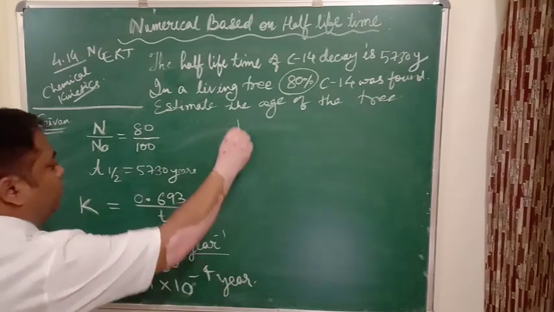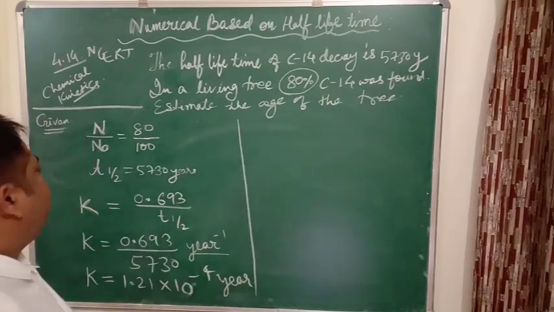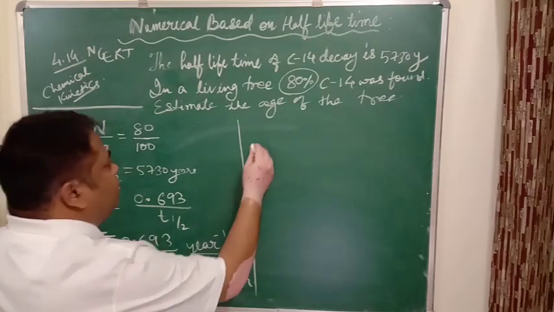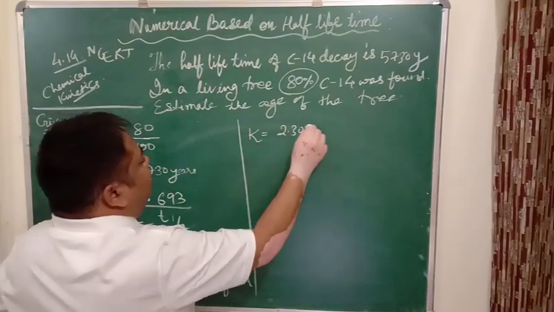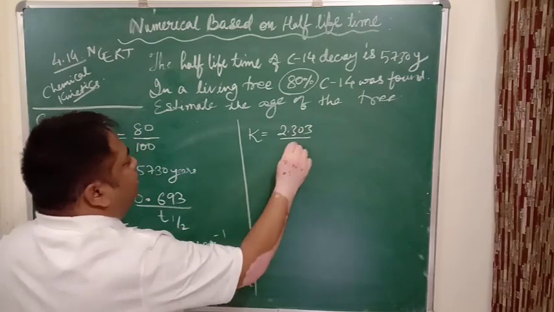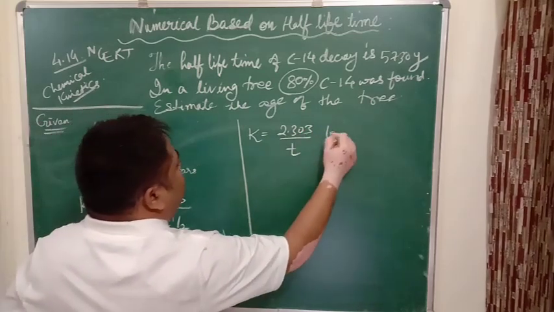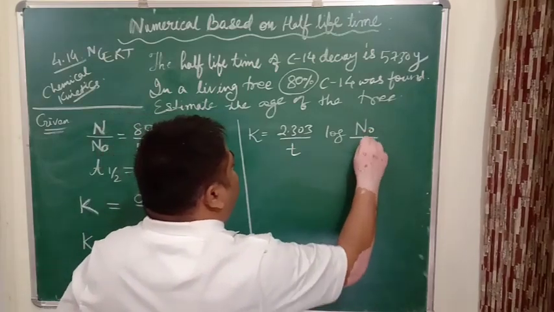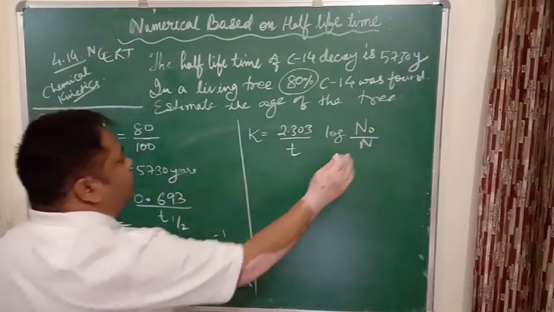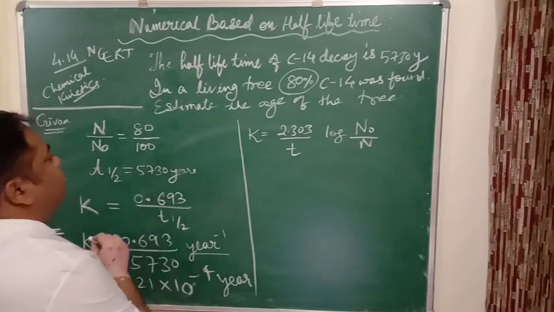Now we have to find the time period. Again we can write k = 2.303/t log N0/N.